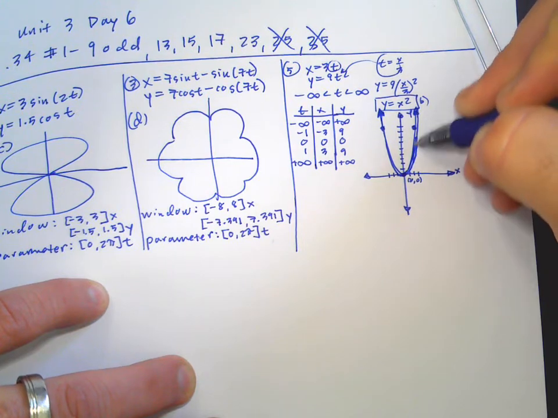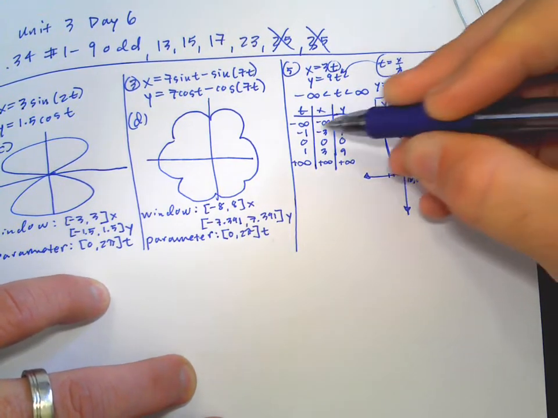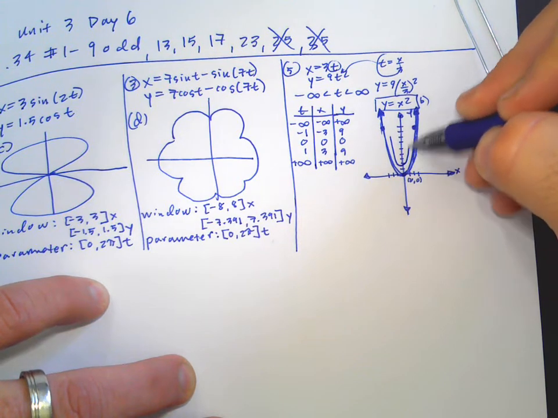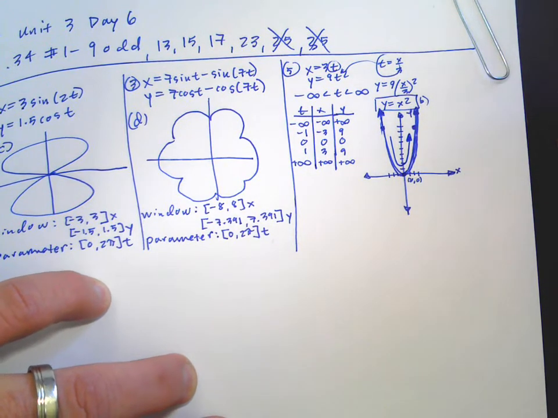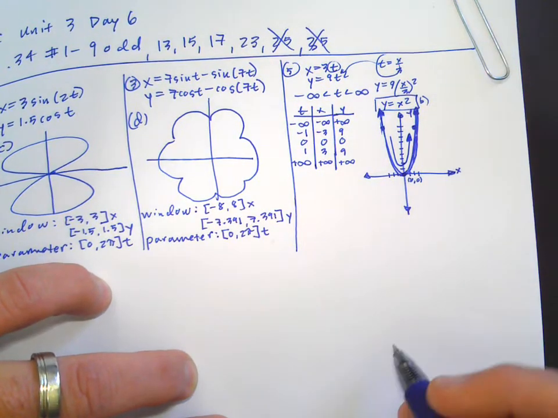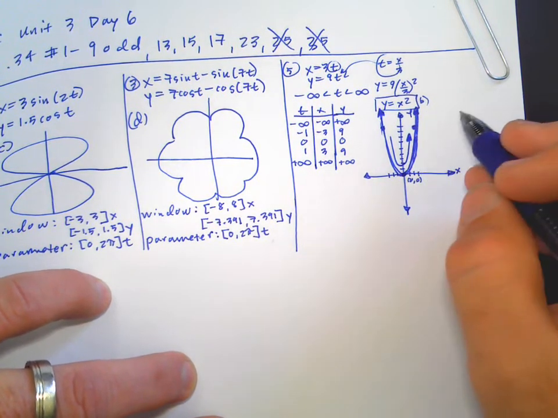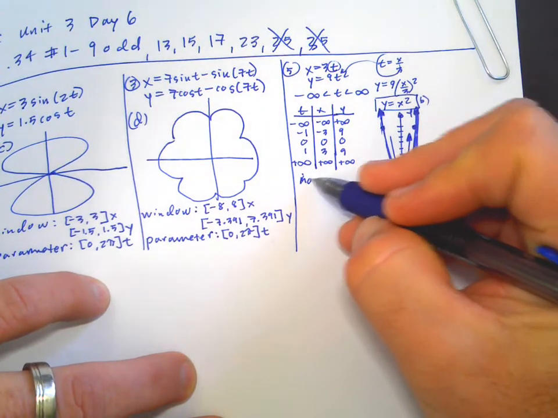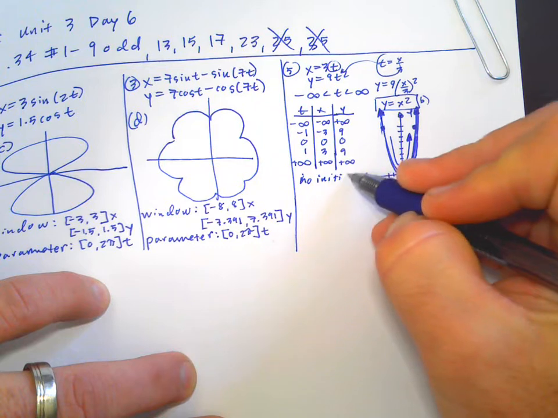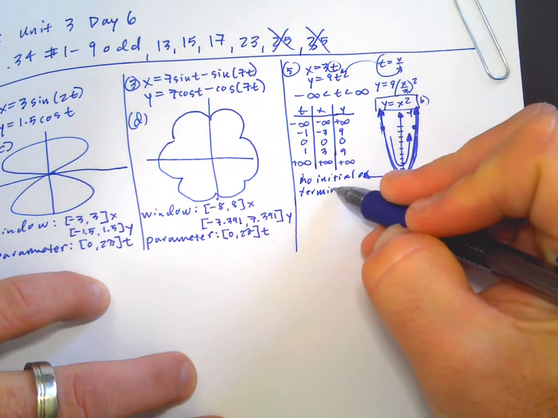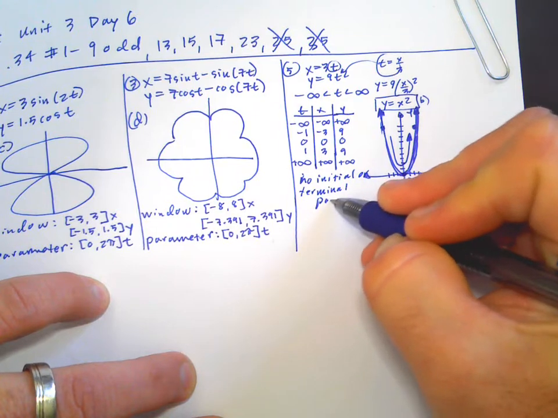Now, we figure out the direction. So it's going from -1, -3, 9. It's going this way. Okay, the arrows on the ends of the graph don't indicate direction. They just indicate that the graph keeps going. So we need the direction on the graph. Initial and terminal points: there is no initial or terminal point.